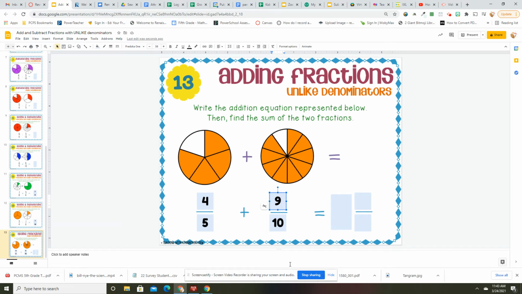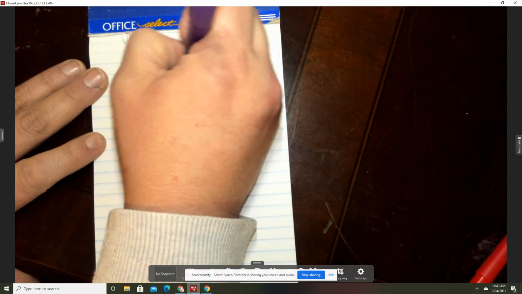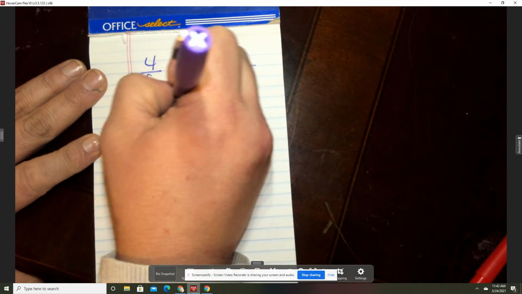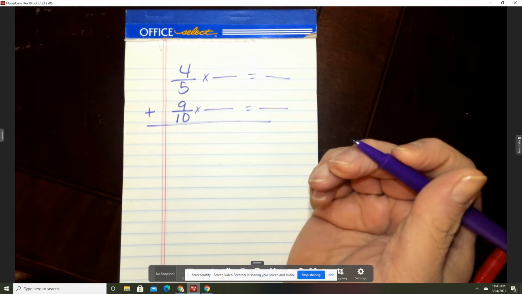So this fraction is going to be 4/5 plus 9/10. Set up our problem. What denominator could I use?